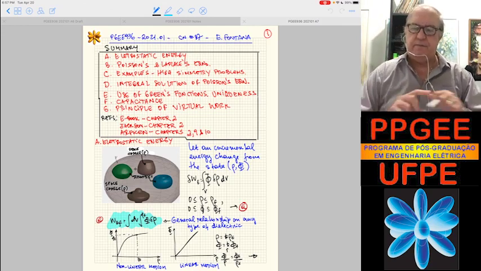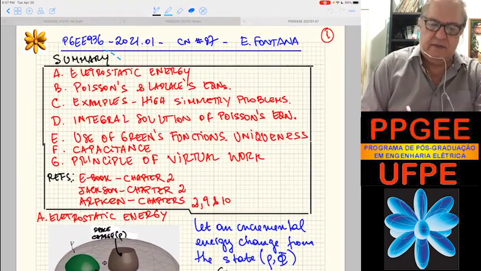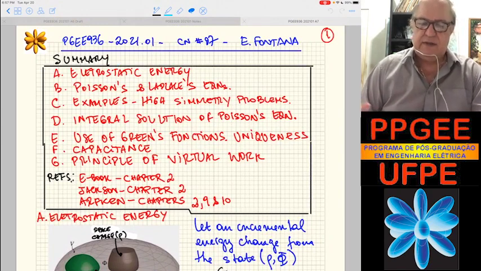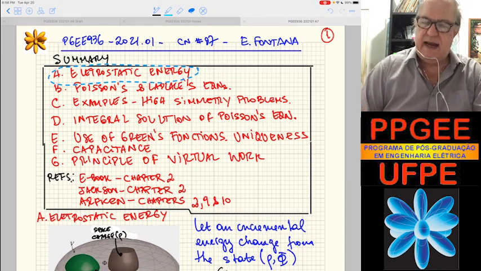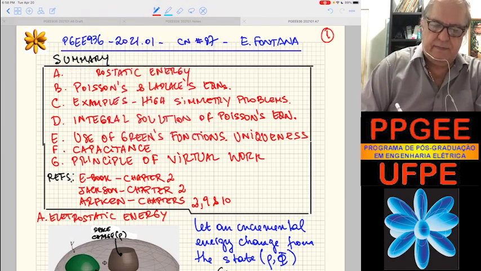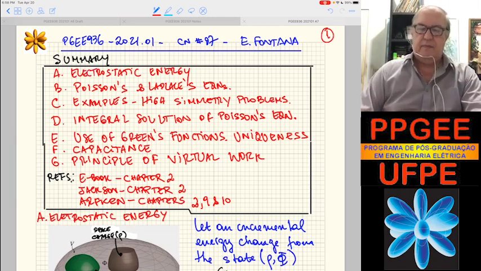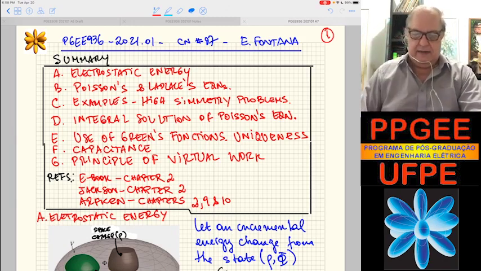This is the plan for today, our summary. We're going to talk about electrostatic energy, then we're going to conceptualize that now in material media, right?